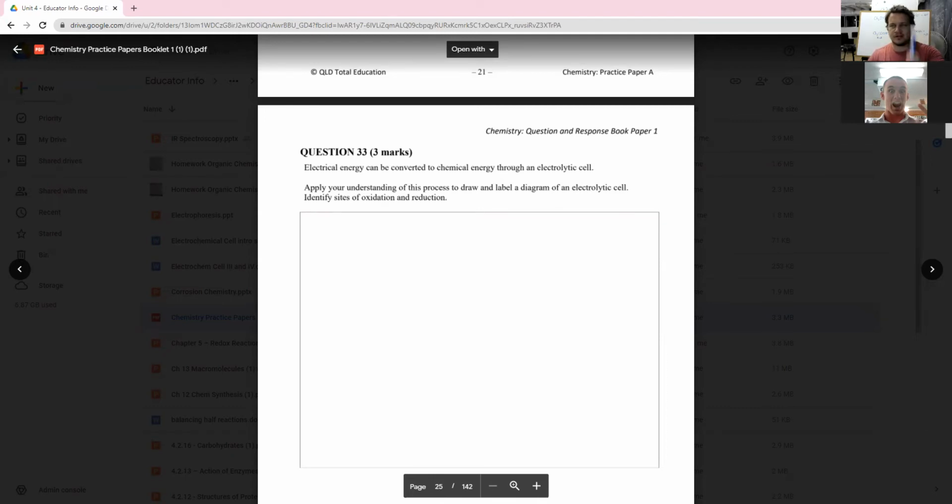Remember, electrolytic cell requires a power source.